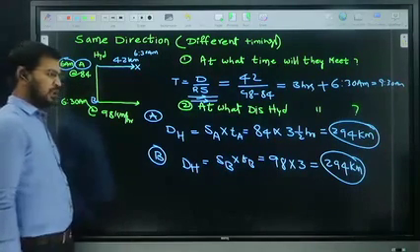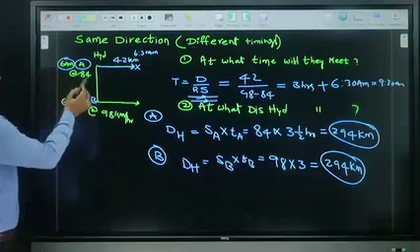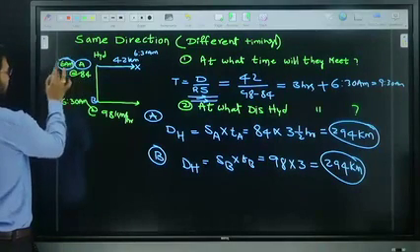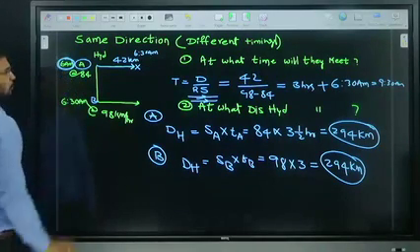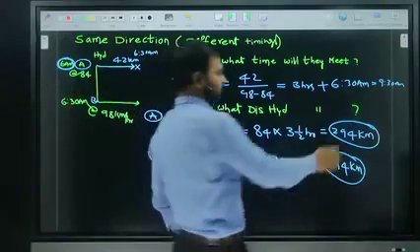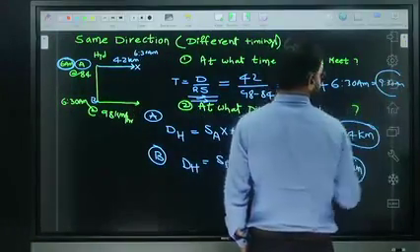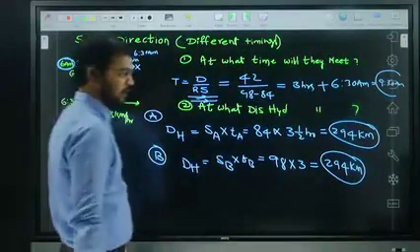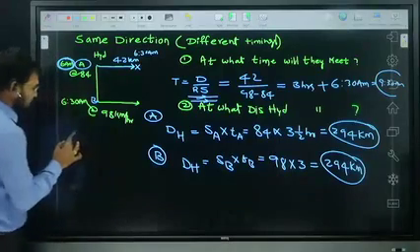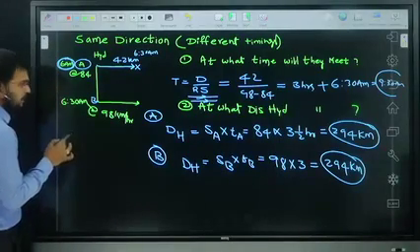Same question. A train's starting time is 6 a.m., but they meet at 9:30.